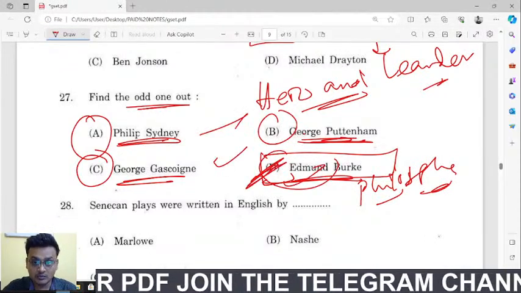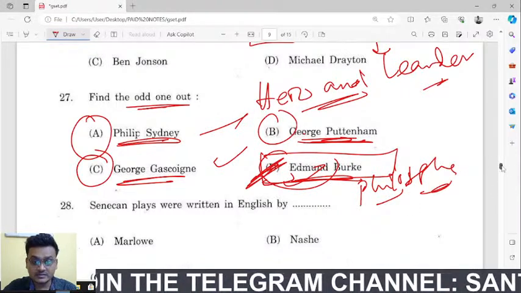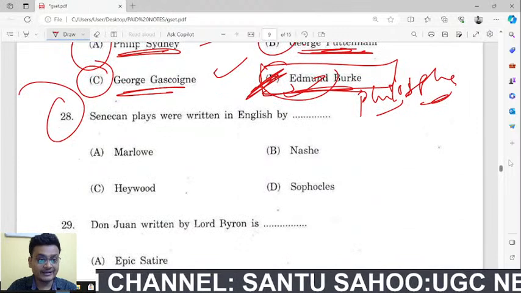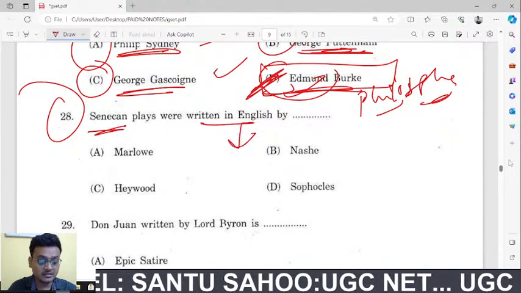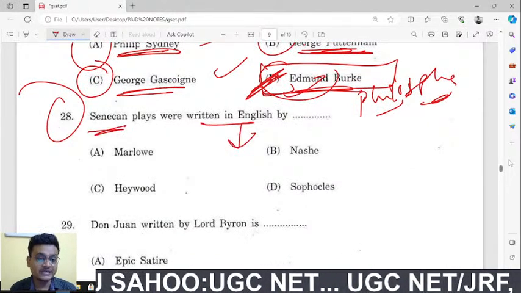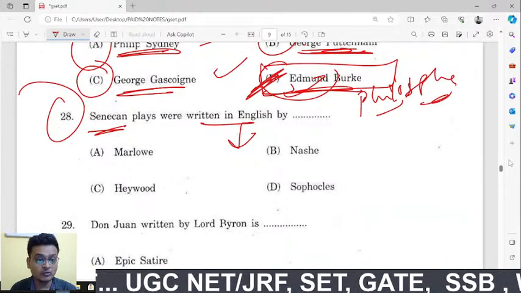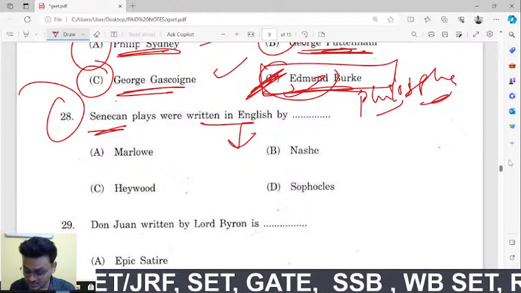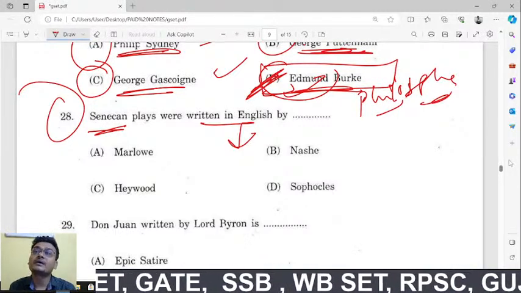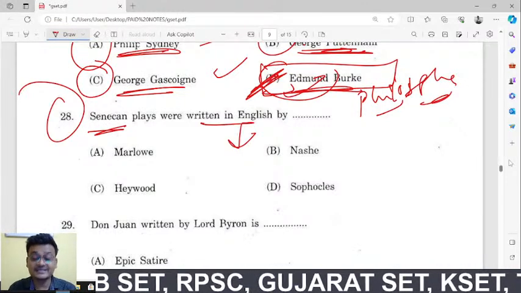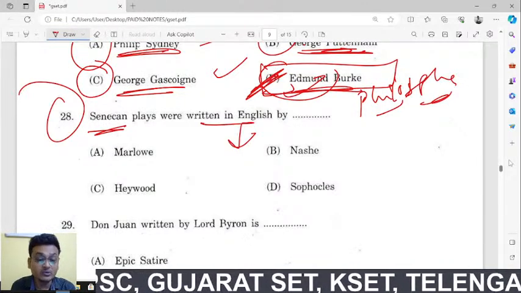Well done. Now moving ahead to question number 28. Senecan plays were written in English by whom? Thomas Nash, Marlowe, Heywood, Sophocles. The Greek tragedians are Aeschylus, Sophocles, and Euripides.